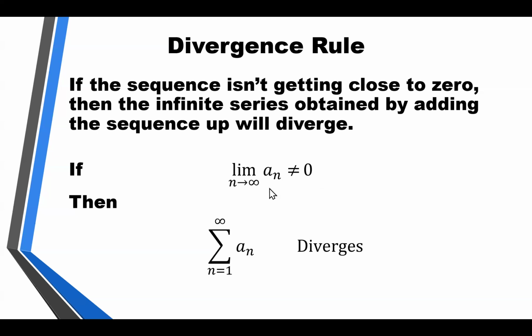And sometimes when the limit of a sub n is equal to zero, the series diverges. So if the limit of the a sub n's is zero, then it could converge, it could diverge. But what we're saying is if it's not zero, then it has to diverge.